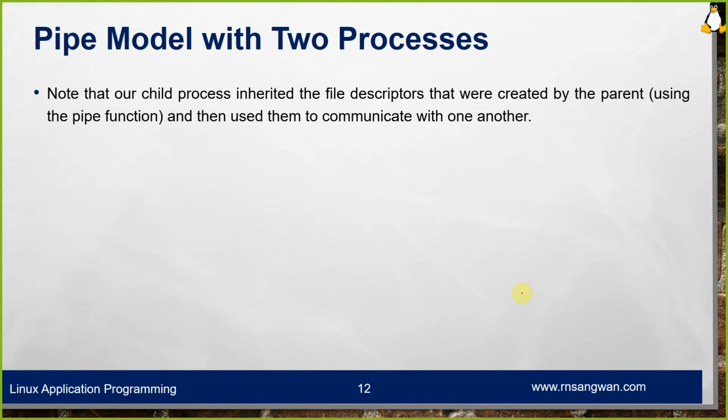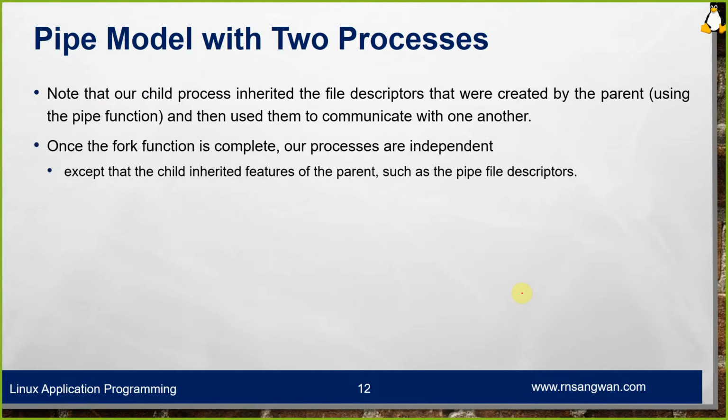Note that our child process inherited the file descriptors that were created by the parent using the pipe function, and then used them to communicate with one another.